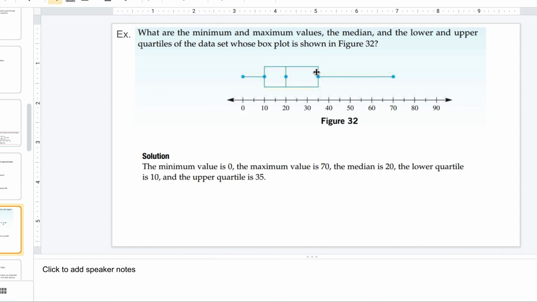What is this? Q3, the third quartile, that's in between 30 and 40, exactly in half, so 35, right? And what is this? That is the maximum. So we can find all of those values. Maximum is 70. So minimum is 0, maximum value is 70, the median is 20, lower quartile is 10, upper quartile is 35. Okay?